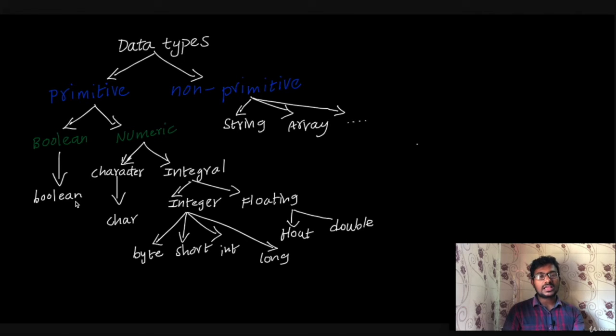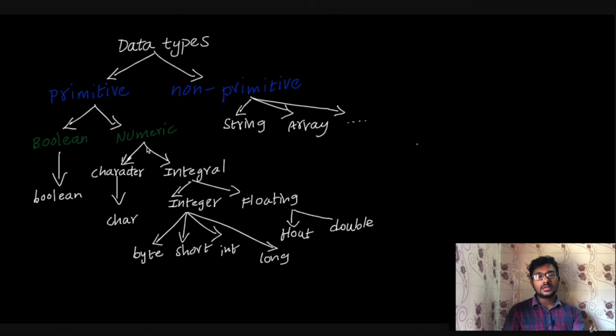In real life we use many electrical appliances in our home. For operating those appliances we use a switch, and we switch on or switch off. We can relate that switch on and switch off with the boolean true or false values. So boolean can support only two values, true or false.